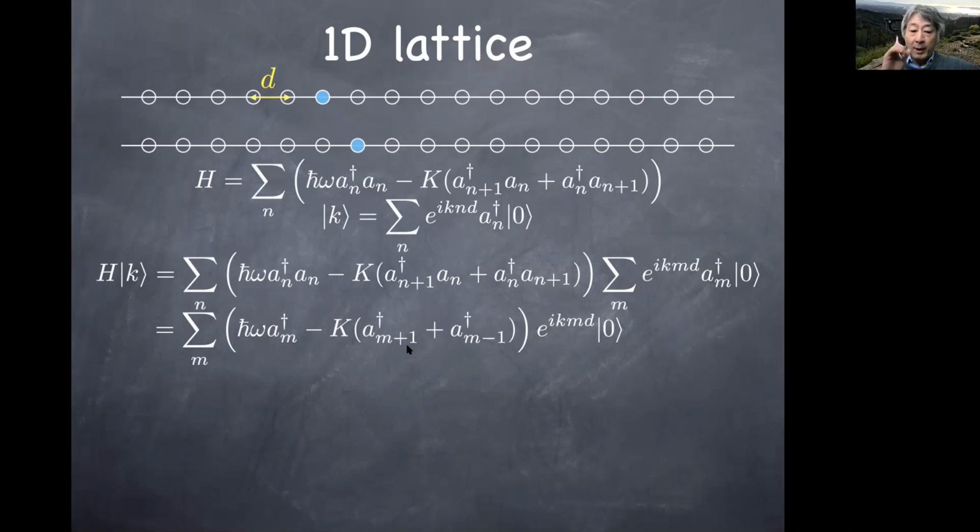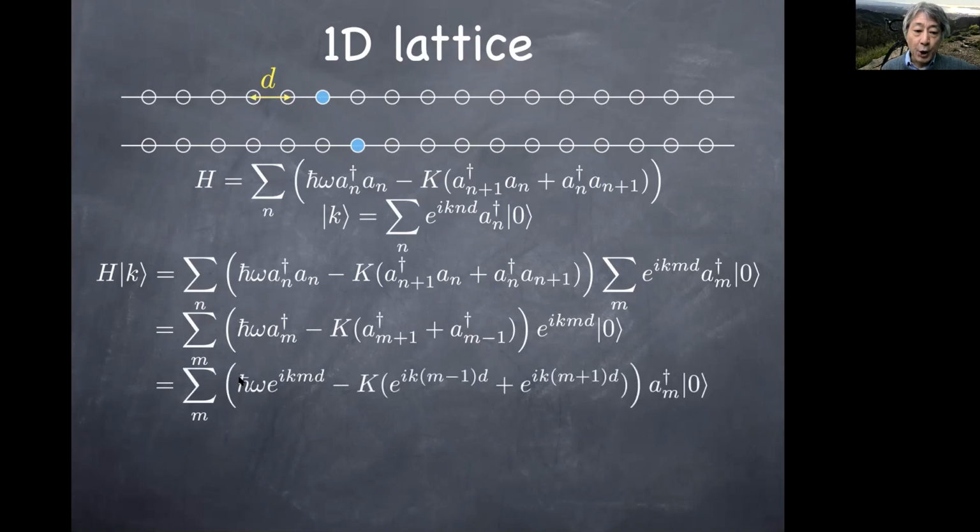Then I do one step of massaging to make it clear this is a Hamiltonian eigenstate. Because this sum can be separated into 3 pieces, and m is a dummy variable for this sum, I'm allowed to change which dummy variable I use for each piece. For the first piece, I don't have to change anything about this dummy variable m.